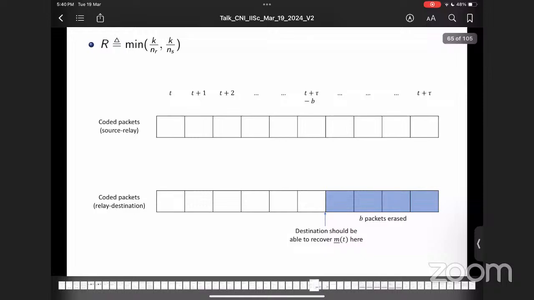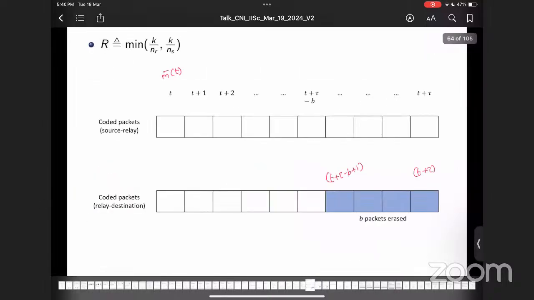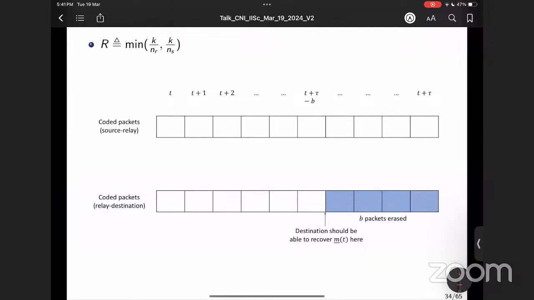So the destination is not going to receive any information pertaining to the message packet m of t after t plus tau minus b. Because of that, the destination should be able to recover m of t at time t plus tau minus b, because all the subsequent packets are erased anyway.